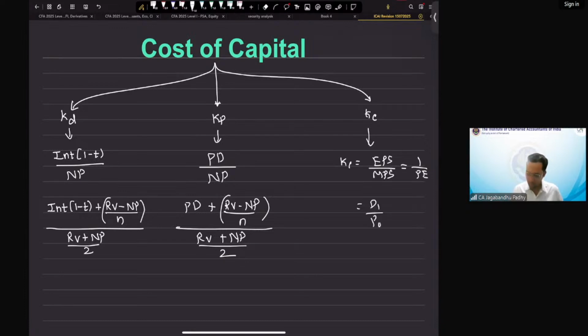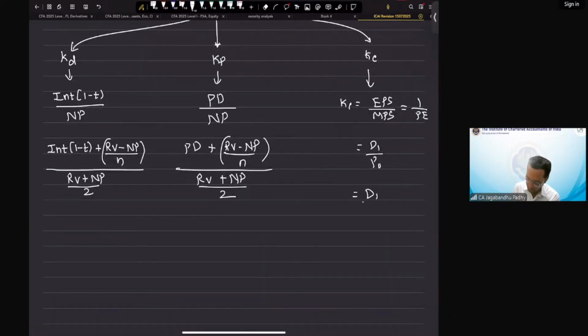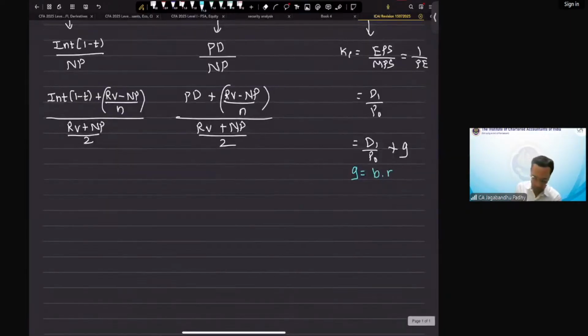Another formula is D1 upon P0, which is a single dividend that you're going to receive divided by the price. And if you have a growth parameter, then it is D1 upon P0 plus G. The growth rate is B into R, where B is the retention ratio and R is the return on equity.